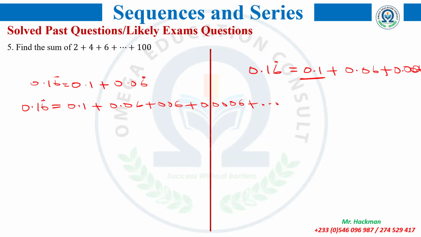You don't agree? Please, who agrees? I want to see whether indeed you are on your feet. Use your calculator to do 0.1 plus 0.06, the whole of this, and let me see what you get.